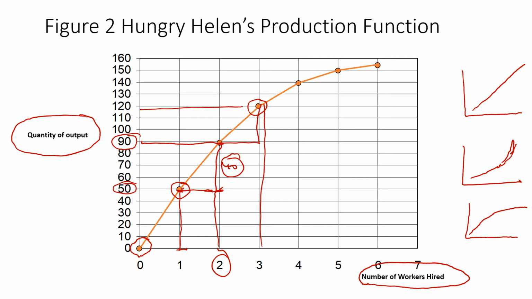For the third, the marginal productivity at this point is 120 minus 90, that is equivalent to 30, and then 20, then 10, and then there is a slight increase with the sixth worker, that is 5. And maybe if you extend more, with the seventh worker, there may not be an increase in the output. So this is the marginal productivity of labor.